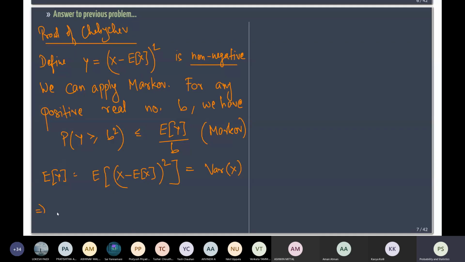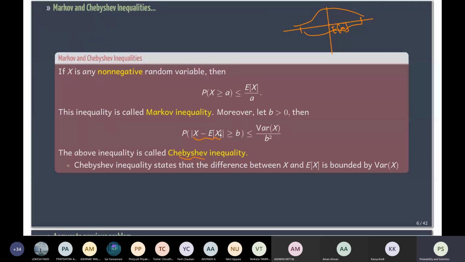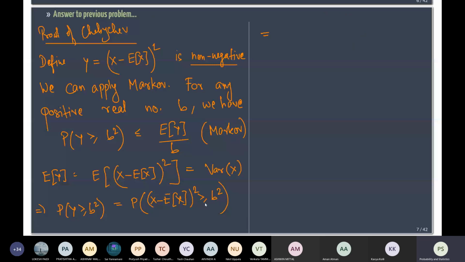So this implies the probability that y is greater than or equal to b squared is the probability that, now I can substitute the y here explicitly. In place of y, I can substitute this whole square is greater than or equal to b squared. Okay. So remember there is a mod here, right? So we can do that here also because this square is greater than or equal to some square.